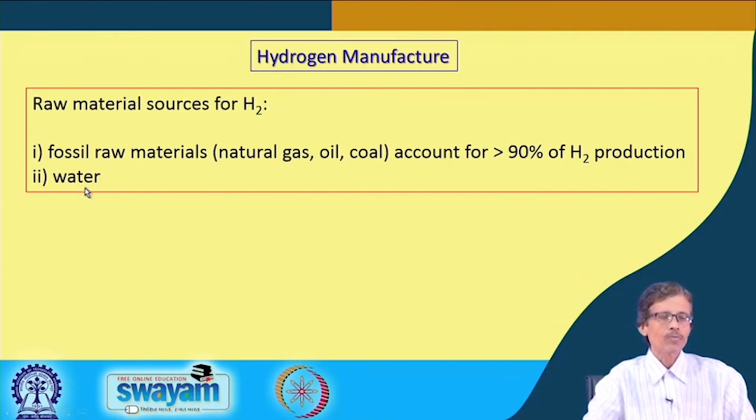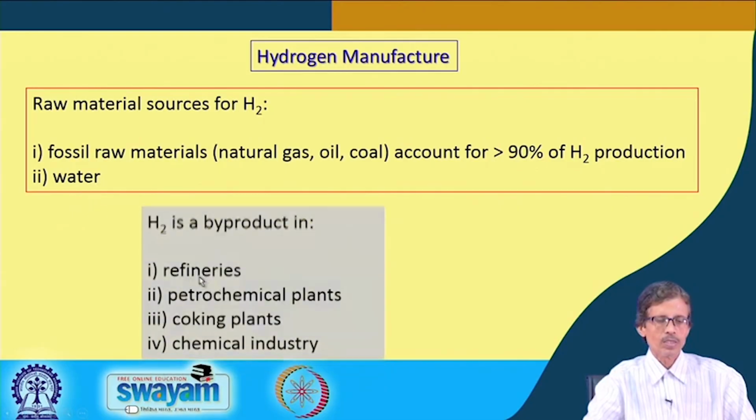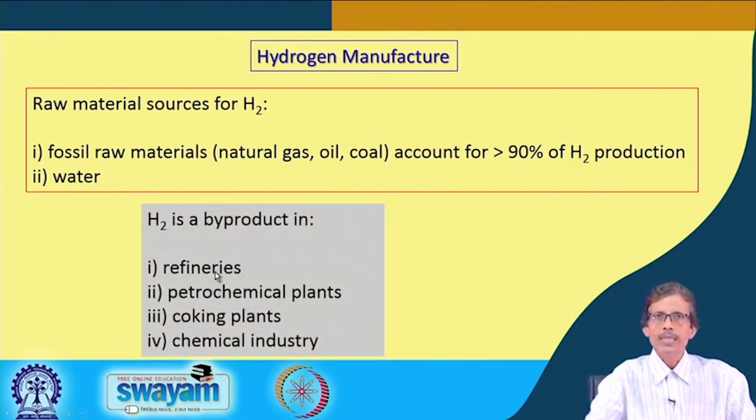Similarly, we can get hydrogen from the water. So, fossil raw materials can be utilized for hydrogen production, and water for the electrolysis, and in some other cases also, not from the direct hydrogen manufacturing process.